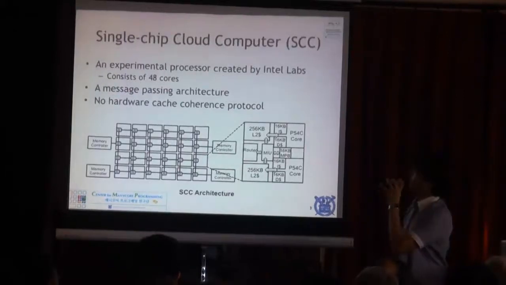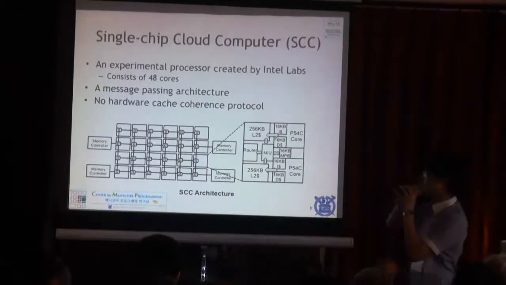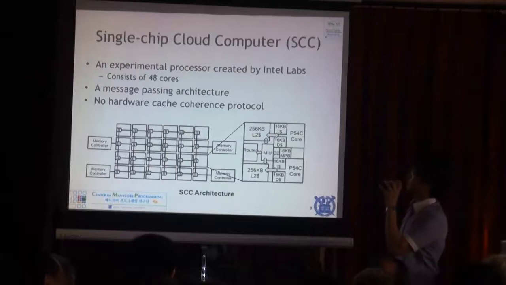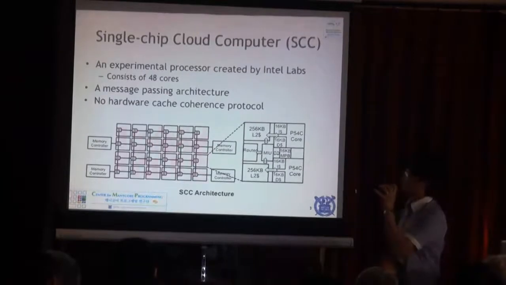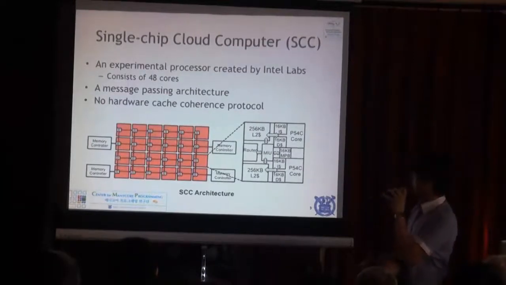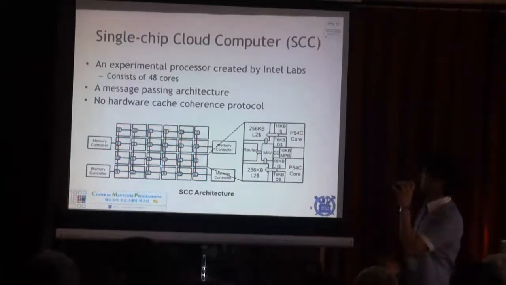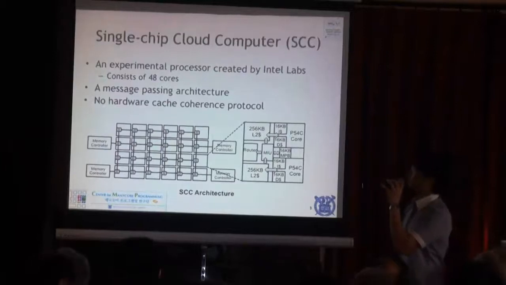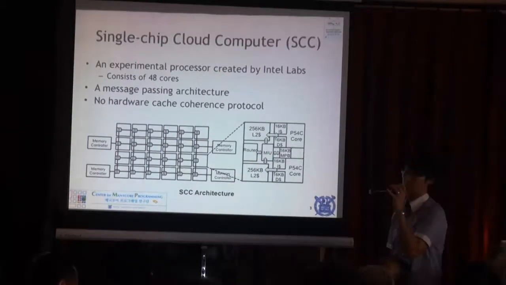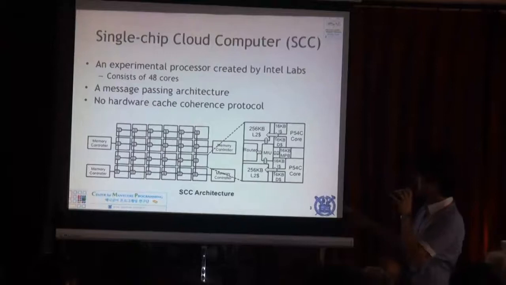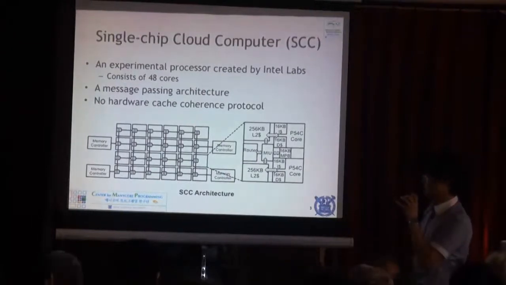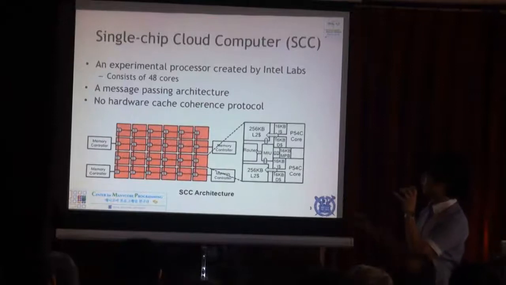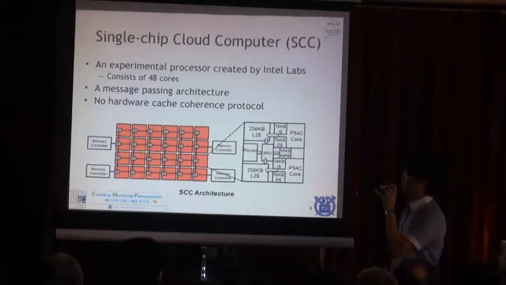So this is the single-chip cloud computer. Recently, Intel announced an experimental many-core processor called the single-chip cloud computer. It consists of 48 cores. It is basically a message passing architecture, so there is no hardware cache coherence protocol at all. The diagram below shows the overall architecture of the SCC. It has 24 tiles in a 6x4 array.